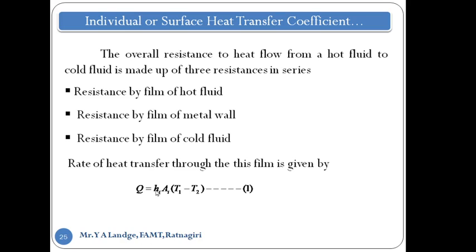We write the equation: Q is equal to HI AI (T1 minus T2), where HI is the inside heat transfer coefficient, AI is the inner area of the pipe, T1 is the temperature of the bulk fluid, and T2 is the temperature of the surface of the metal. We give this equation number 1.